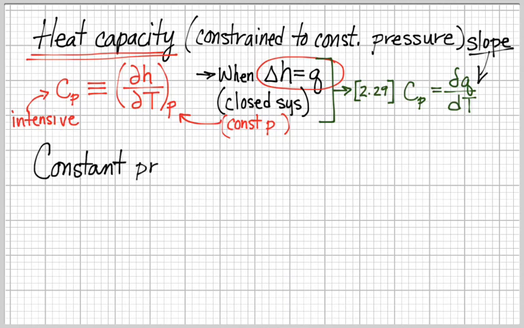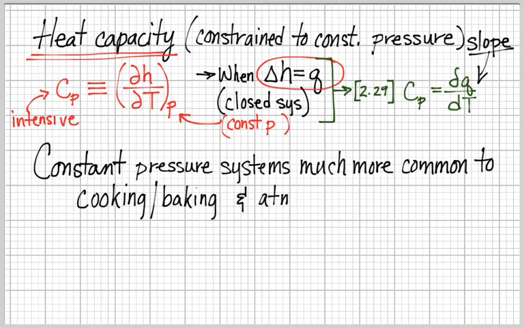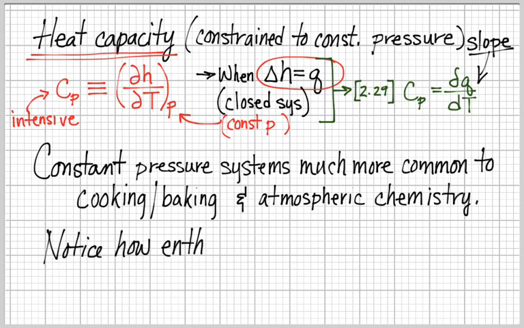So here we go. Constant pressure. Where do we find that? Constant pressure systems? Well, they're all around us. They're very common in cooking and in baking. When I'm baking a cake, the surrounding atmospheric pressure is constant. The atmosphere around us, the chemistry existing in the atmosphere, is also existing at constant pressure.